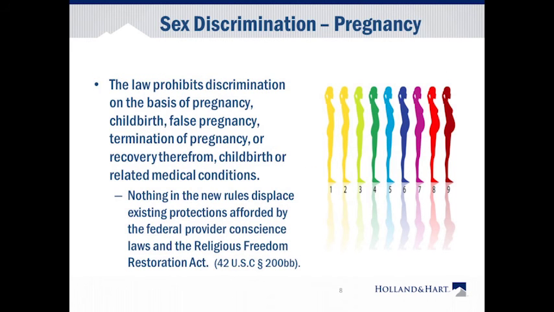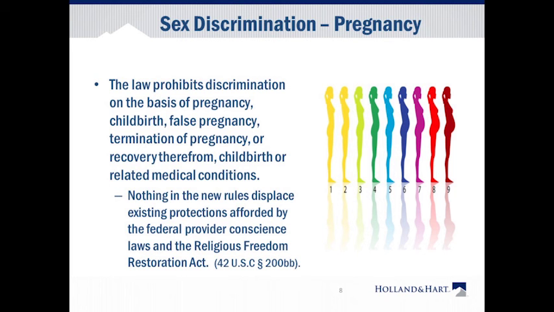So I want to break these down into 2 areas that I think are particularly important. The first is pregnancy, and I'm on slide 30 for those of you who are looking at the slides. The law prohibits discrimination on the basis of pregnancy, childbirth, false pregnancy, termination of pregnancy or recovery therefrom, childbirth or related medical conditions.